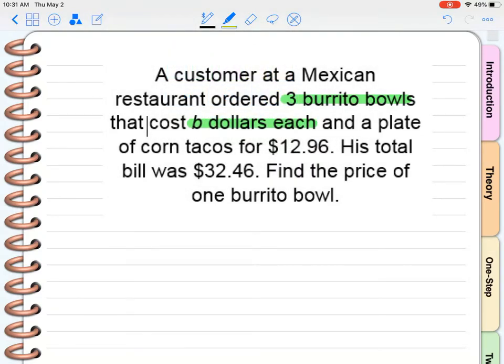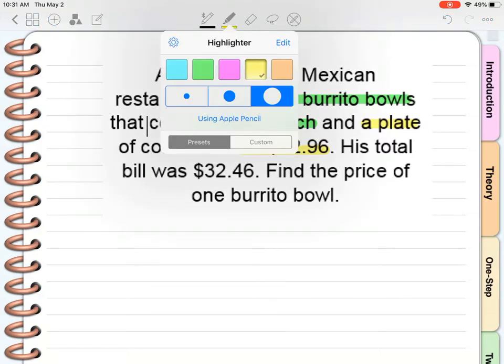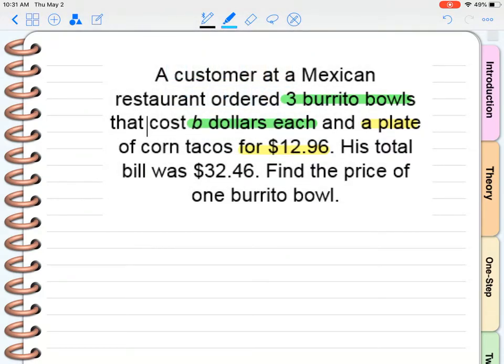And then he bought a plate of tacos for $12.96. It doesn't tell me how many tacos there were, but it doesn't matter. It gives me the total for all of them. And then his total bill was that amount. So there are 3 main pieces to this problem.